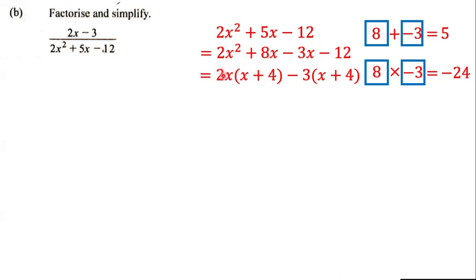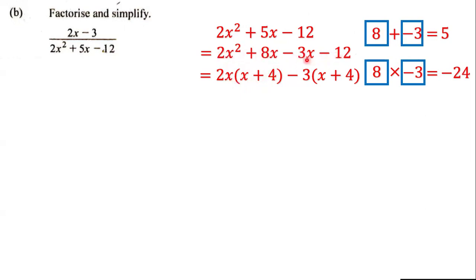So we factor out 2x, and we are left with x plus 4, because 2x multiplied by x is 2x squared, and 2x multiplied by 4 is 8x. And so this is a factorized form of this part of the expression.